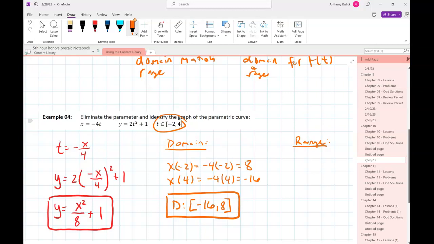Okay, let's do the range now. What type of function is my y? Quadratic. Is that monotone? No. In fact, at one point it switches from increasing to decreasing or decreasing to increasing, right? So I'm actually going to have to care about 3 values. What 3 values am I going to have to care about for this y?